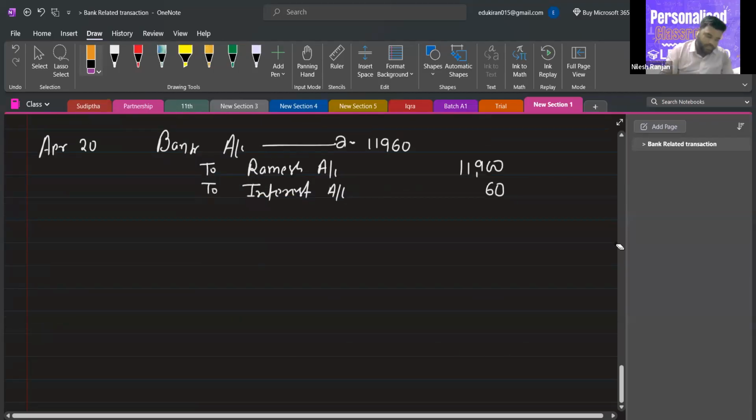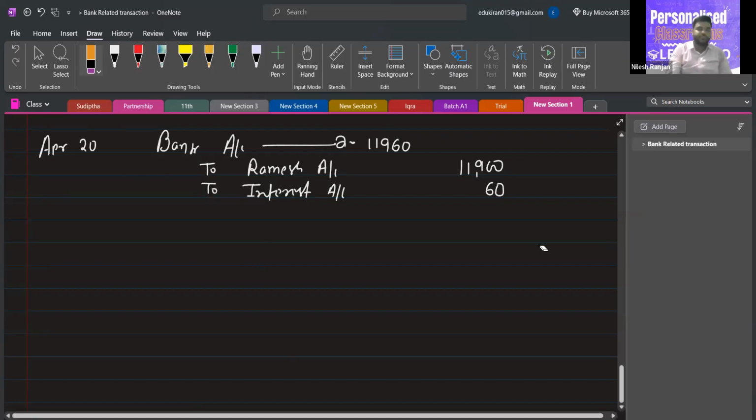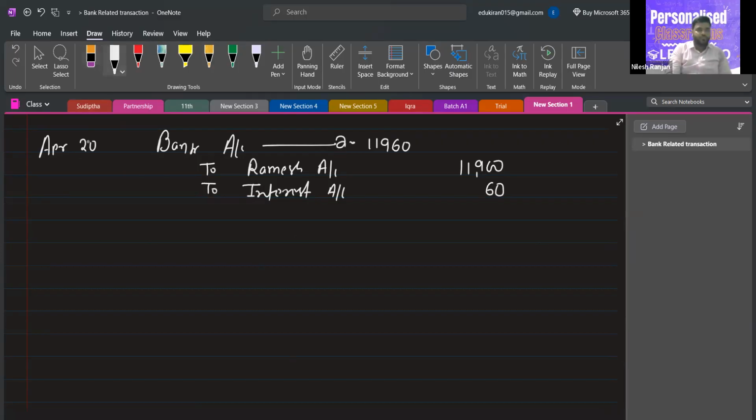Okay, now April 20, after that, April 21, cash directly deposited by Raja in bank account. So there is a debtor from whom we have to receive money. His name is Raja. We have to receive money from Raja, but he did not pay it in cash.